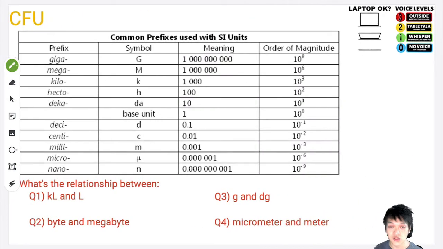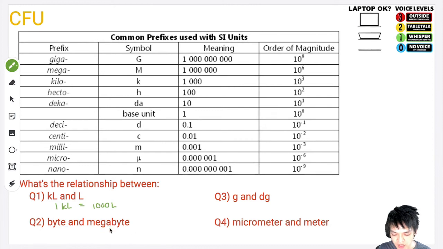On this next slide, this is just a check for understanding. Pause the video, see if you can write these relationships. I'm going to go over the answers right now. Kiloliter and liter. Kilo is right here. 1 kiloliter equals how many? 1,000 liters. Okay, second question, byte and megabyte.